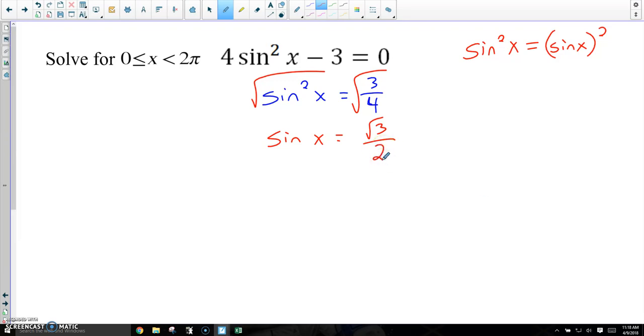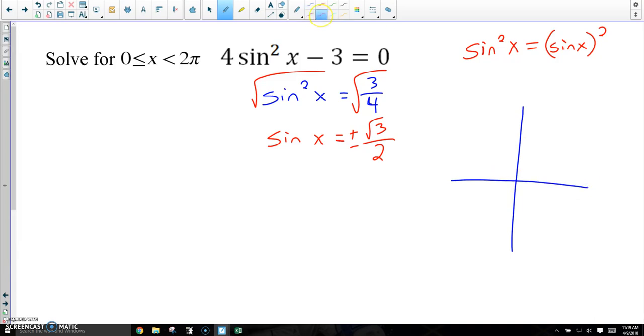Now the thing that most of you have forgotten right now is that in Algebra 2, we learned that whenever you take the square root of both sides, we have to look at both the positive and negative of that answer. So I'm looking at the positive and negative of all those answers.